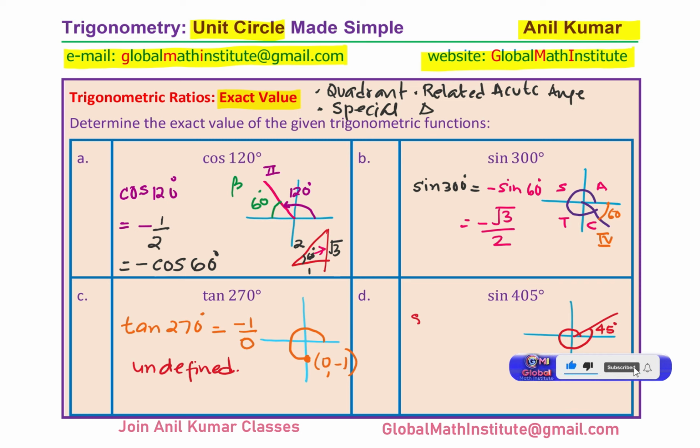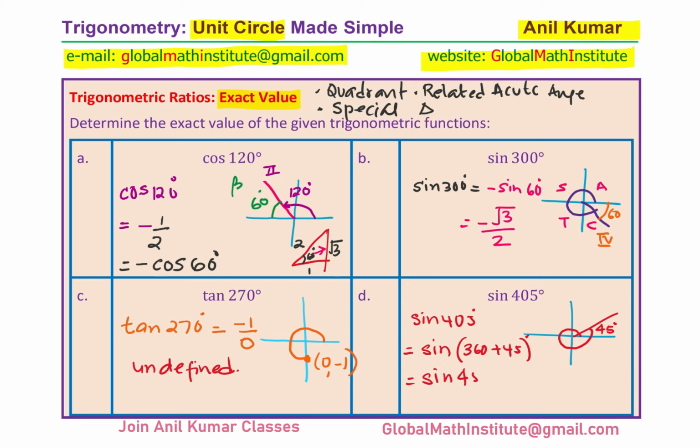So we can write sine 405 degrees as equal to sine of 360 plus 45, which basically is sine of 45 degrees.